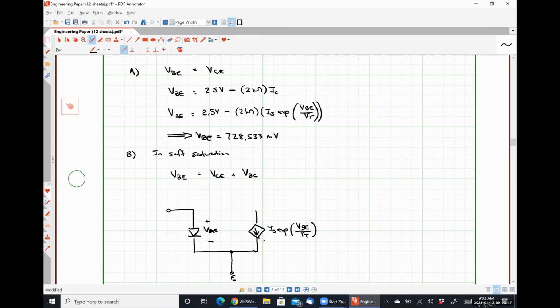That's our collector current, IC, here's our emitter current, IE. Here's our base current, IB is equal to 1 over beta IC. Let's see, here is our collector. Actually, let me draw it out here so we can see a bit better. Here is our collector terminal. And then we have a 2 kilo ohm resistor.